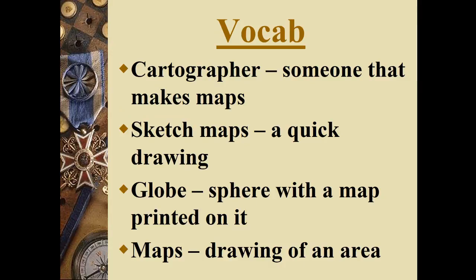So, on the first day, we talked about geography, and I wrote it on the board, and I underlined geo, and I underlined graphy. And so we discussed what we think those two parts mean. And we got to the conclusion that geo meant earth and that graphy means the study of.